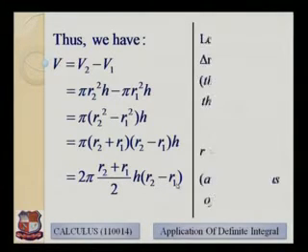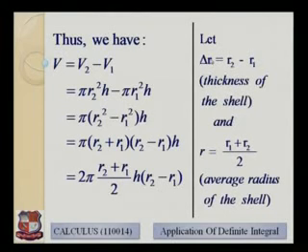minus r1). So let delta r denote this difference of the outer radius and inner radius. It is the thickness of the shell, and r denotes the average radius of both the inner and outer cylindrical shell.